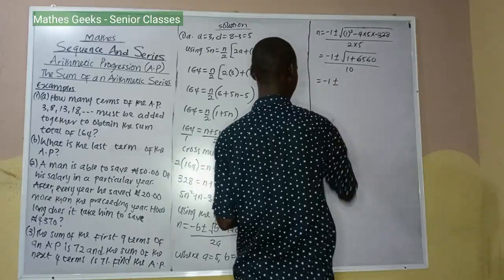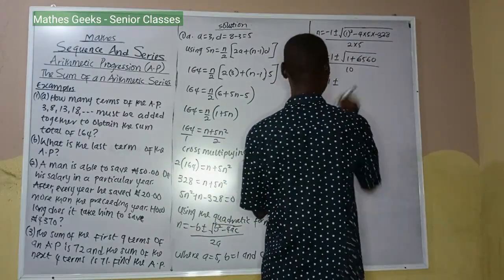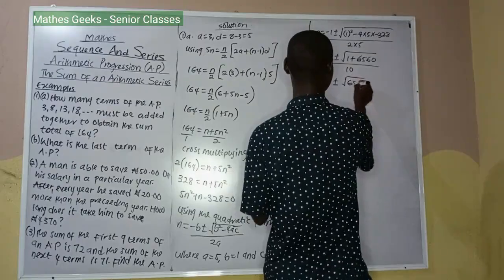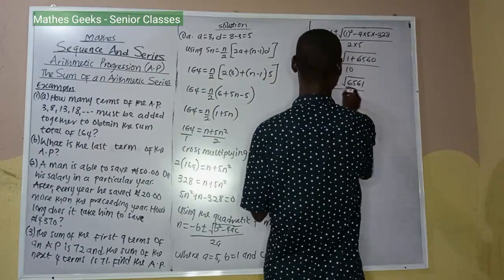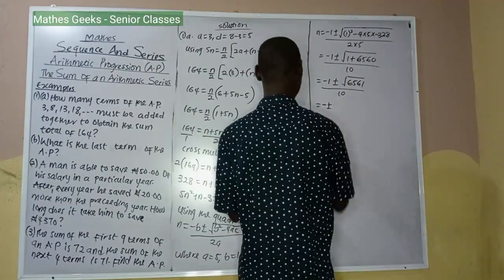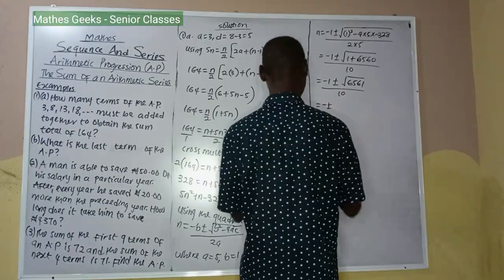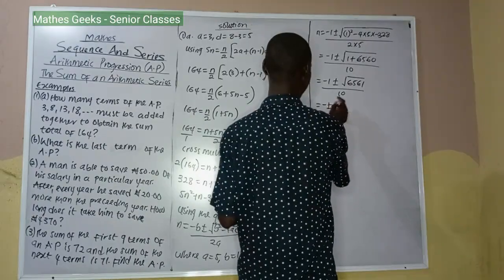Minus 1 plus or minus the square root of 6560 plus 1, the square root of 6561, divided by 10. The square root of 6561 is 81.